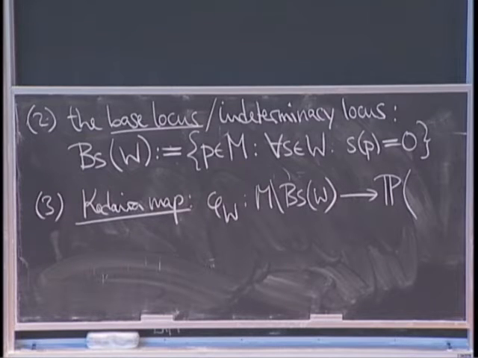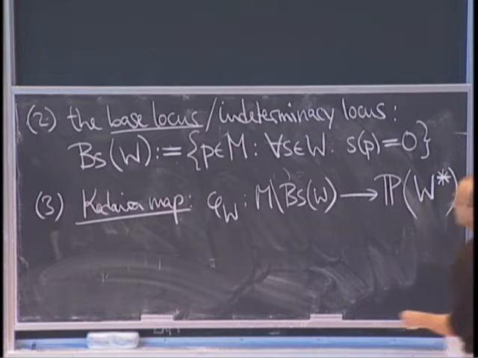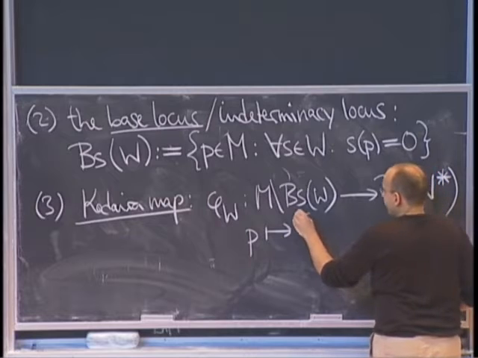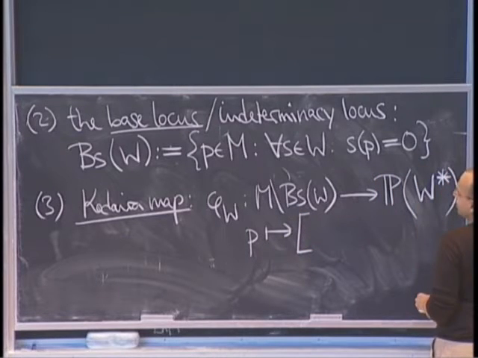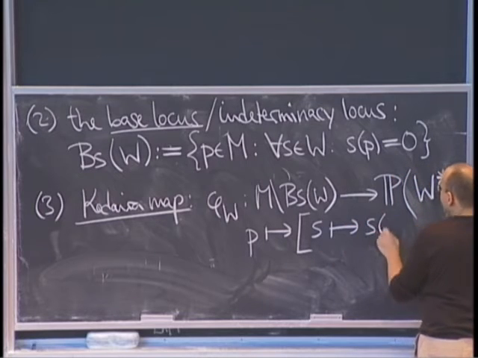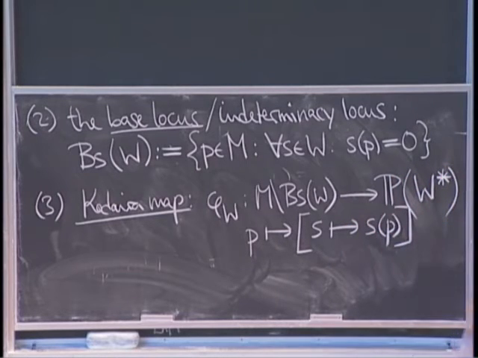I'm going to write down the Kodaira map in invariant ways, not using homogeneous coordinates on my target space. So that's a target space, the projective dual space of the linear system. So that sends a point to what? To the linear form that maps a section to its value at that point.